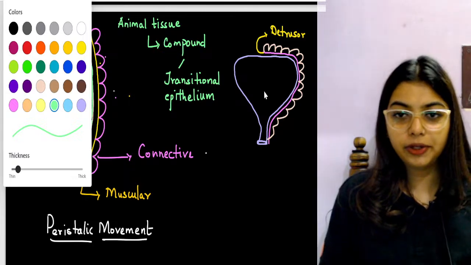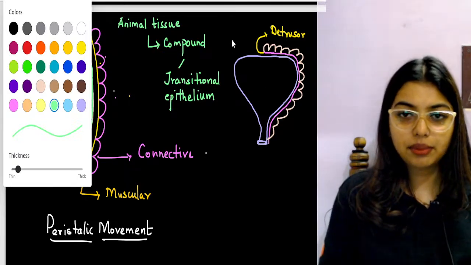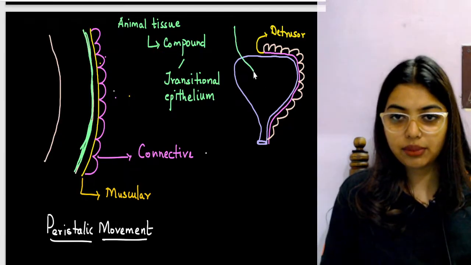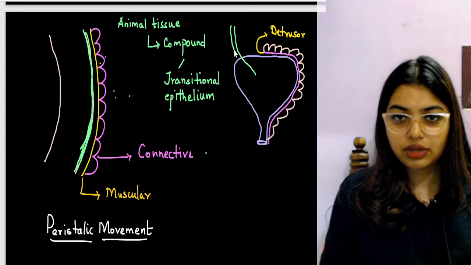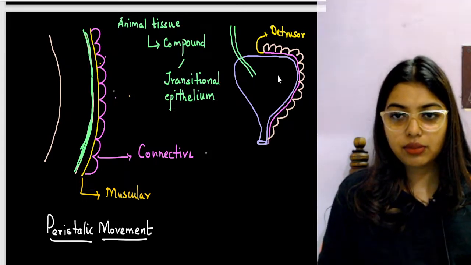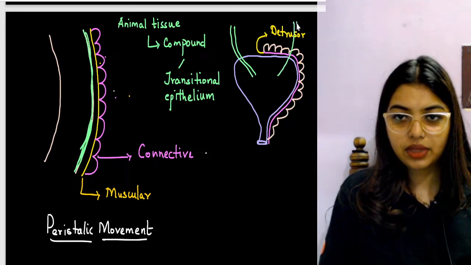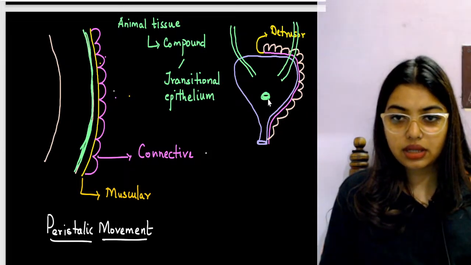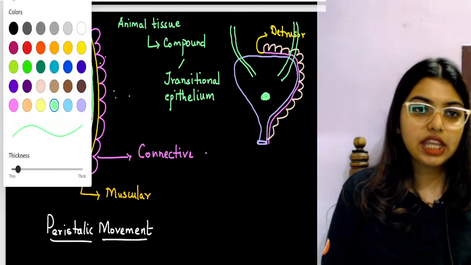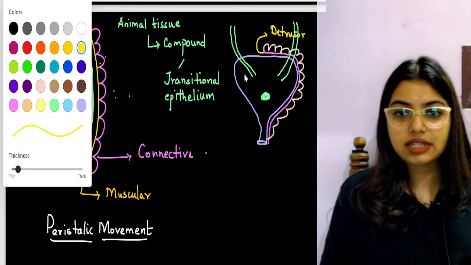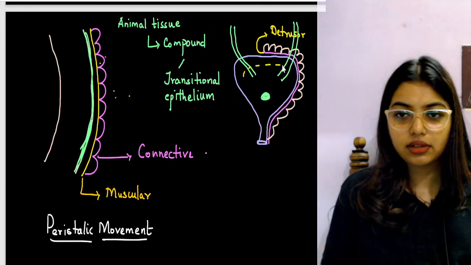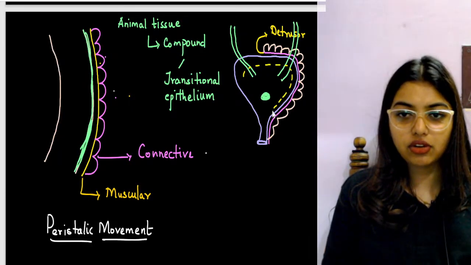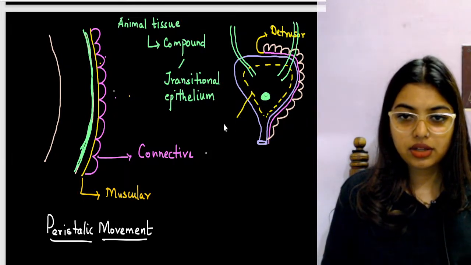Now, students, remember the ureter is going to come like this, right? One ureter from here, one more ureter from here, and there is a urethral opening here. Now these three openings together we can call the trigone of bladder.